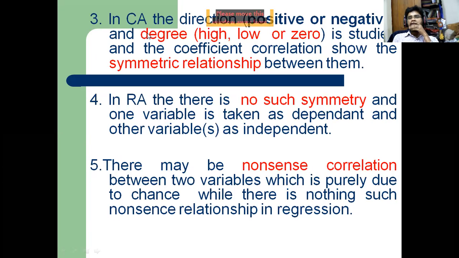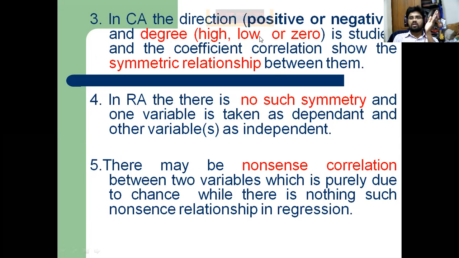in correlation analysis, direction, positive or negative, and degree, whether high, low or zero, is studied. When you study correlation analysis, as per the r value, if r is equal to 0, there is no correlation. If r is 0.98, 0.8 or 0.9, there is a high degree of correlation.